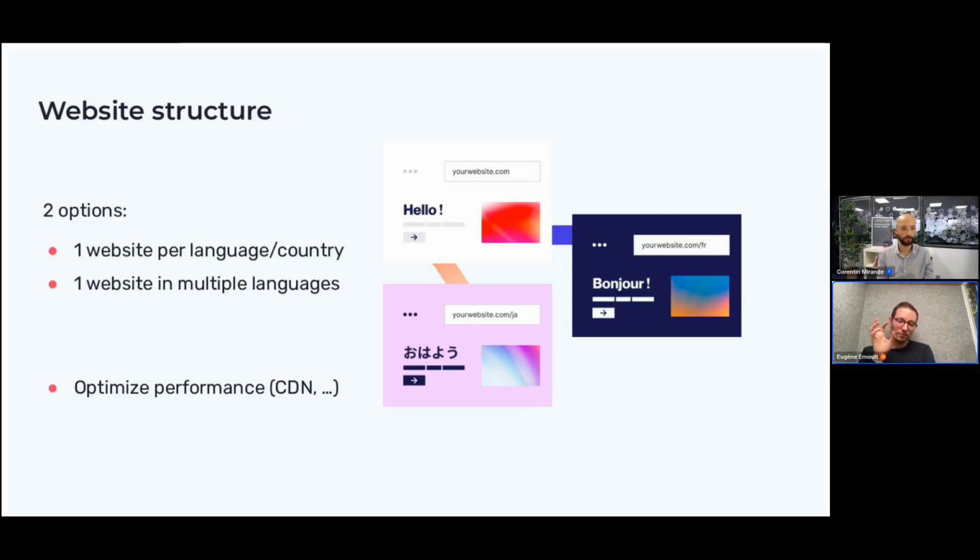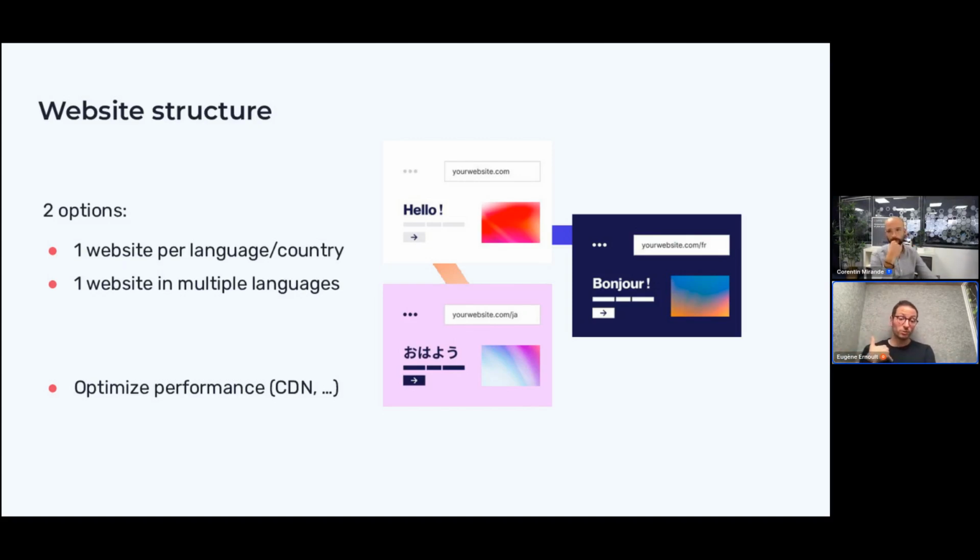If, as I said before, you have a product that is very different from one country to the other, or a website, let's say you want a website with 200 pages in English and a website with 5 pages in French because it's brand new and you sell something different and you only have one product, I would advise to do one website per language or per country. It makes more sense.